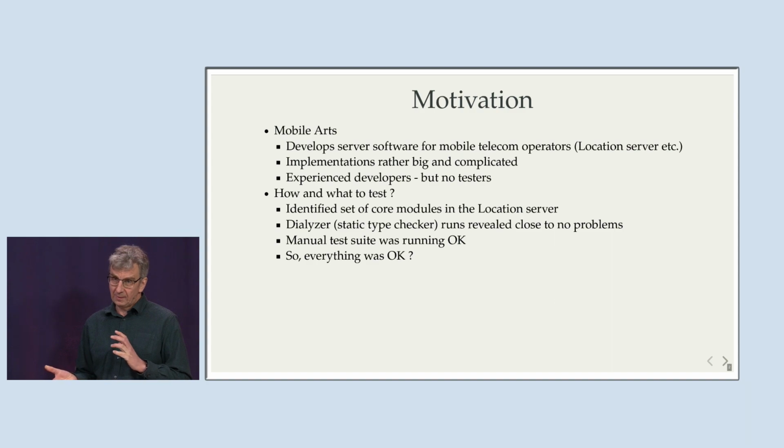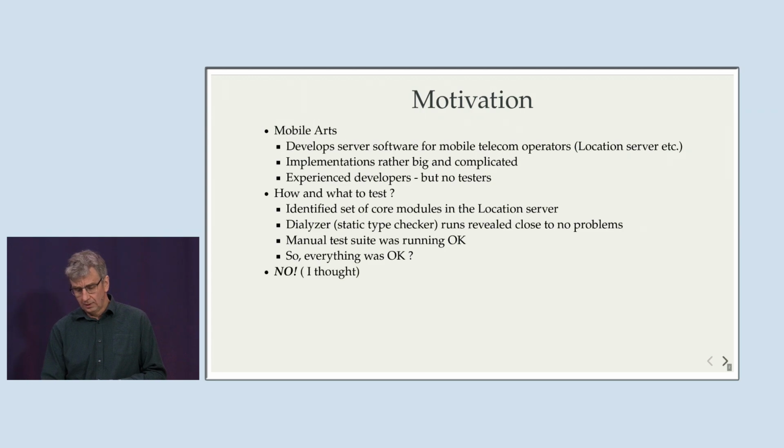As I said, everything wasn't okay, but we were still confident that this was running quite well. I wasn't really happy with that though, because I knew it couldn't be this good, and we had proof that everything wasn't always okay.